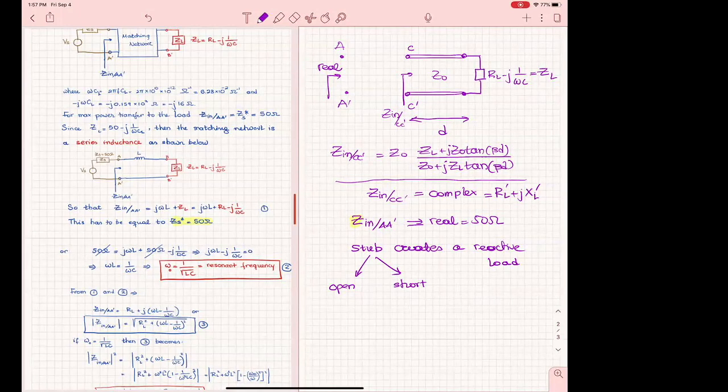So for example, if I use a microstrip, which is like this, and this is what we use in most circuits, the microstrip on the surface looks like that. A short means that I have to drill a hole at the end and then connect to the ground, and that is very difficult to do.